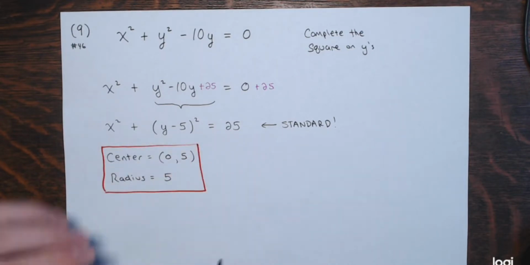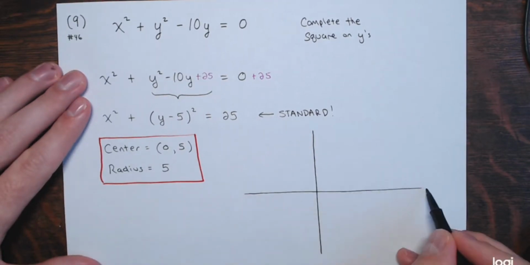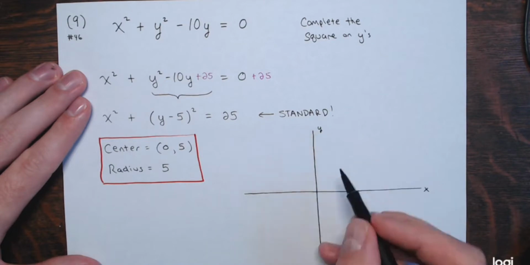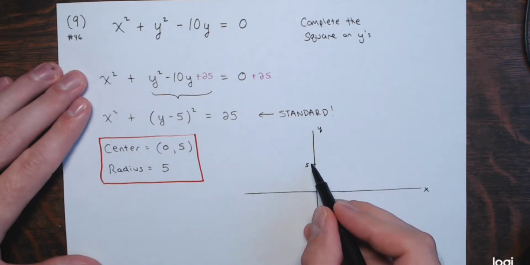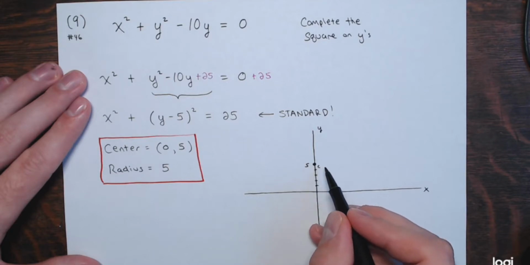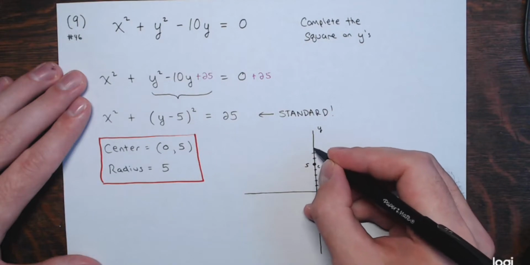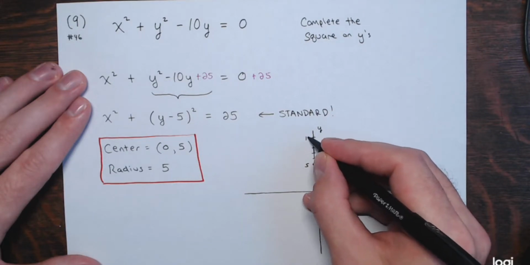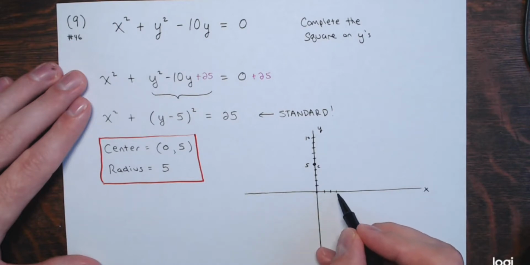Now I'm going to graph it. So 0, 5. So there's the center. It's on the y-axis. And then we're going a radius of 5. So 5 units above to 0, 10. 5 units below to the origin. 5 units to the right.